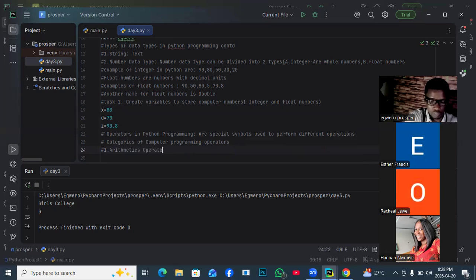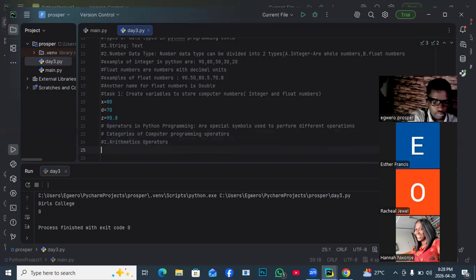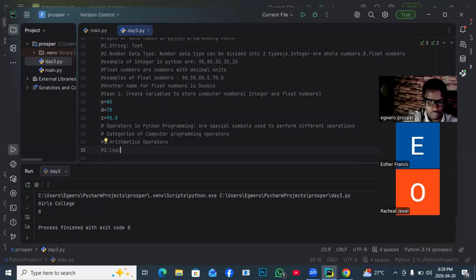Then we also have the second category of programming operators. We have logical, but let me just focus on this. We have assignments.